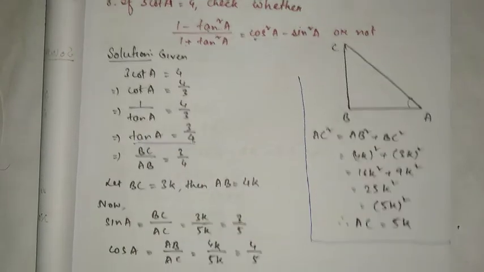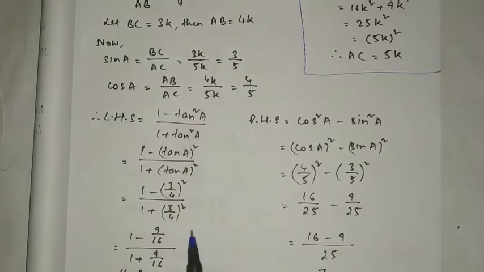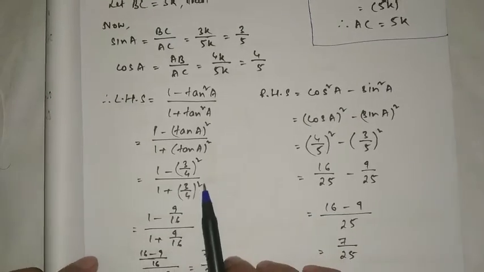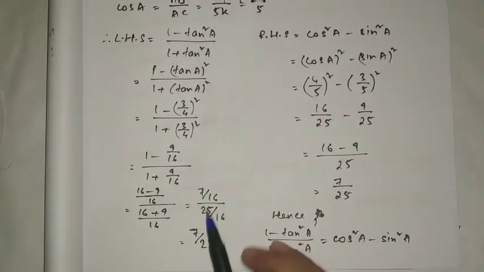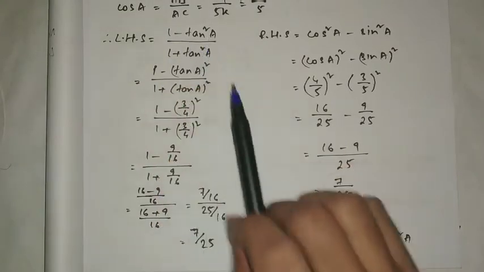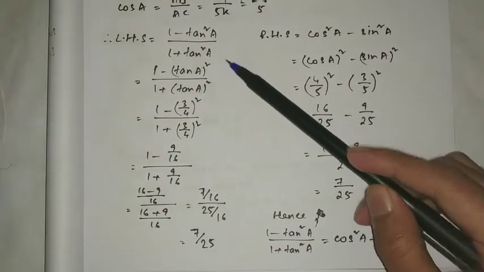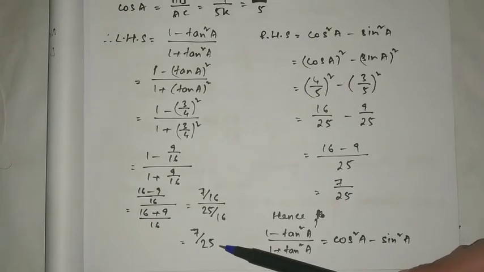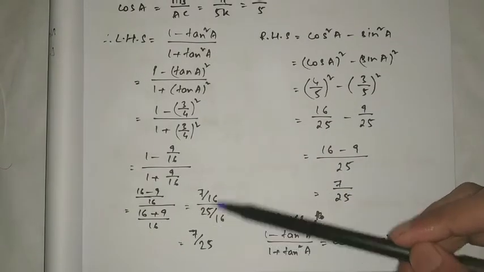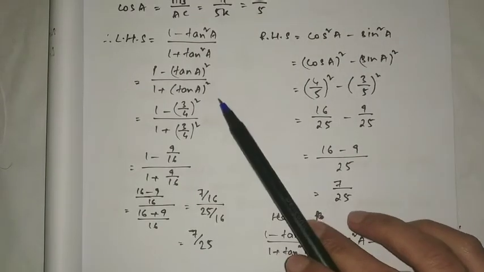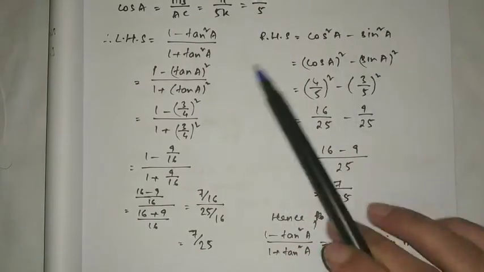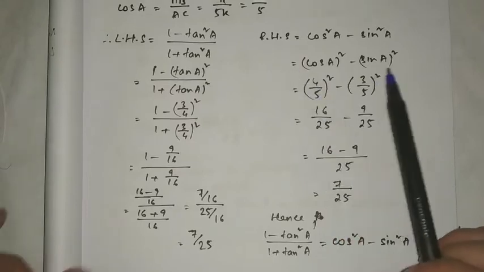We just simply substitute it and solve this to get the value of 1 minus tan square A by 1 plus tan square A as 7 by 25. If you find any difficulty in solving this, you can solve it your own way, or you can just pause the video and write these steps.